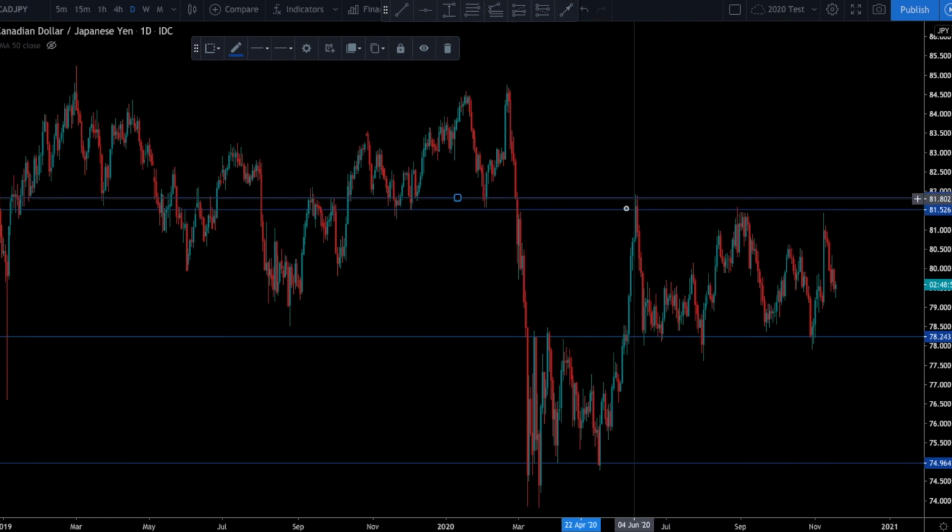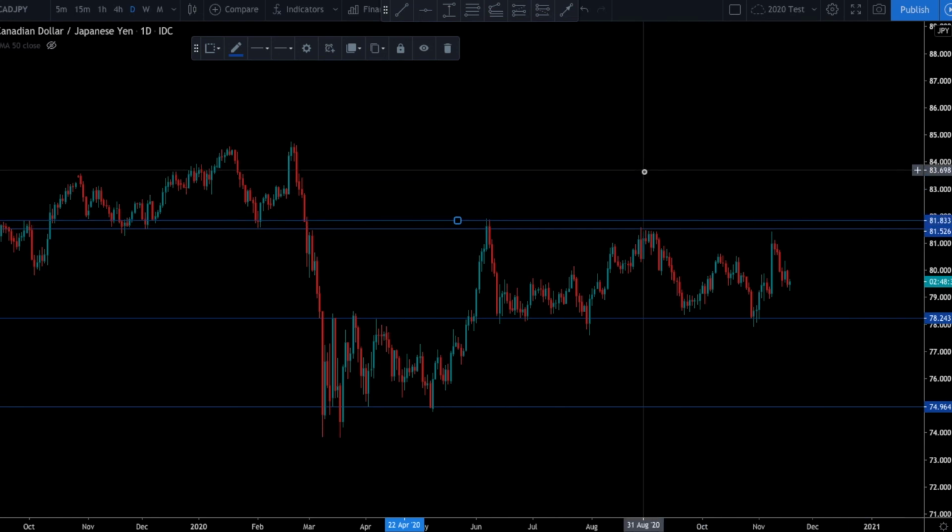Over here it's hitting a wick. So the price is bouncing. It's this zone in between these two lines that is really the support and resistance, not one single line.